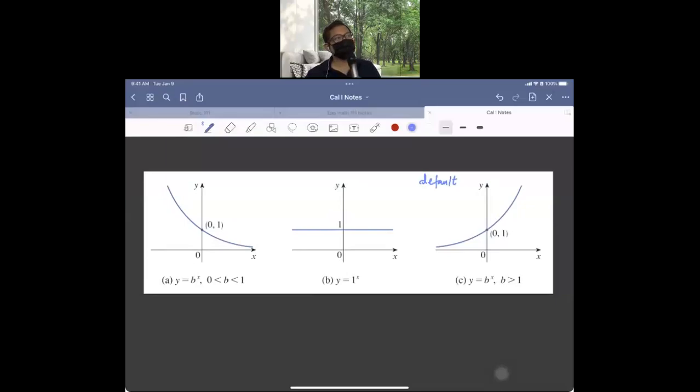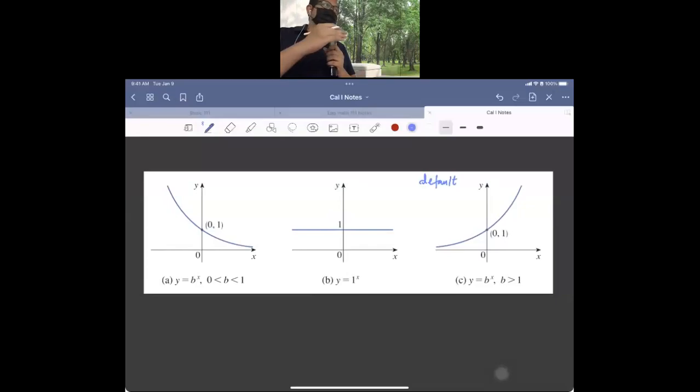When we change the b, there are only two ways that are possible.